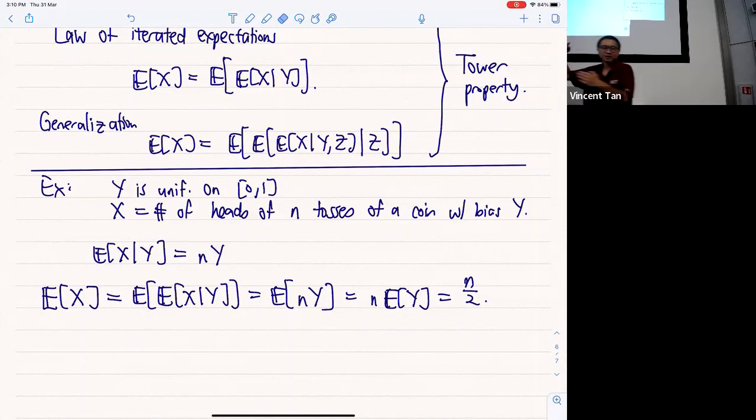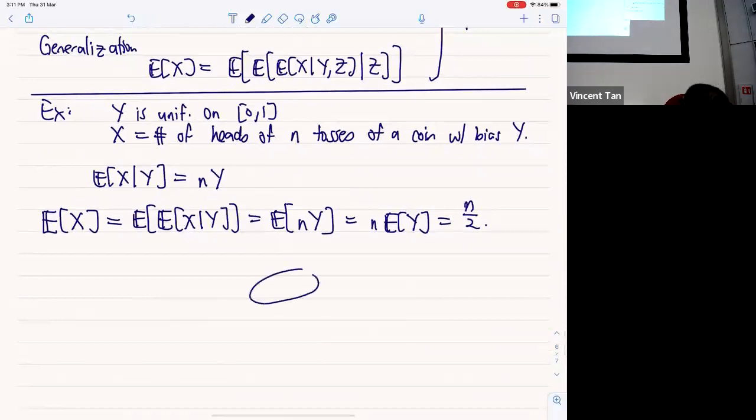No? Okay, let's try again. Before you toss the coin, the bias of the coin, that is the probability of heads, is a random variable that is uniform on 0, 1. So here you have a coin, and the probability of heads is Y, where Y is uniform on 0, 1.